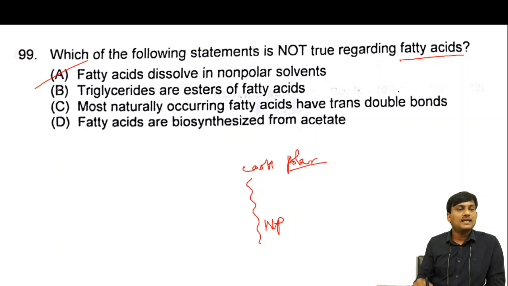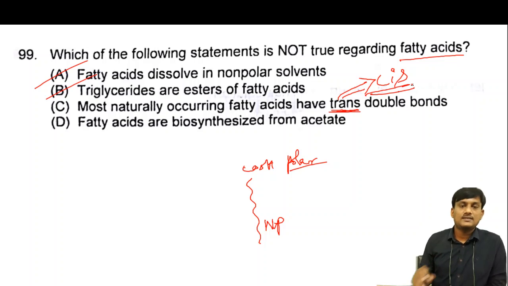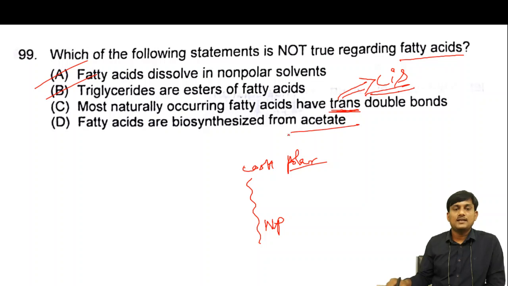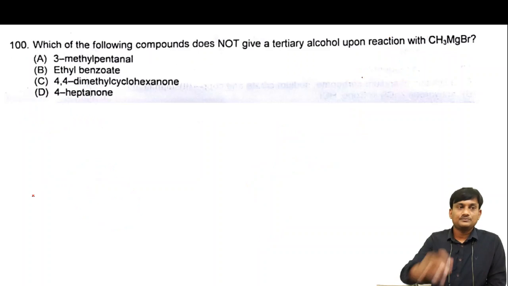This one is also correct. Most naturally occurring fatty acids have trans double bonds. Actually, naturally occurring fatty acids have cis double bonds instead of trans. Fatty acids are biosynthesized from acetates. This one is also correct. This one is incorrect. C is the correct option.